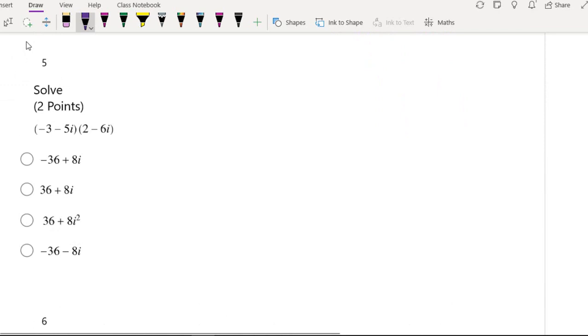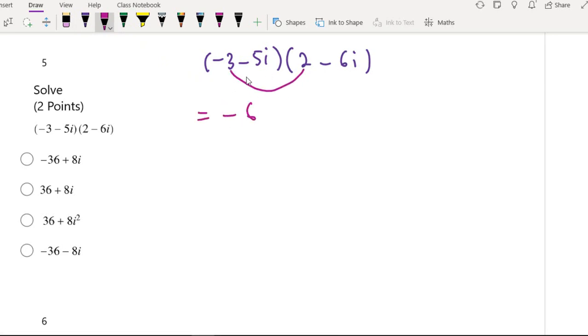Number 5. Multiply these two complex numbers. Okay, I rewrite. Negative 3 minus 5i times 2 minus 6i. Negative 3 times 2, negative 6.